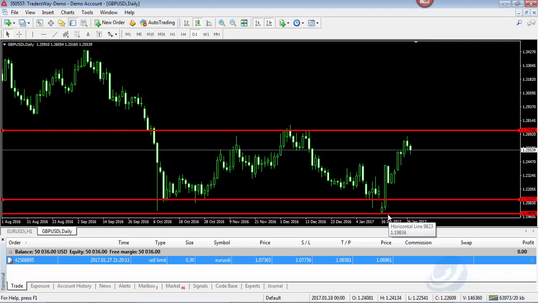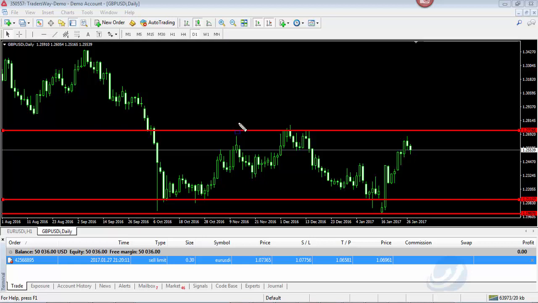Another thing to keep in mind is that support and resistance are zone areas and they are not a specific price point. Therefore, we're not expecting price to hit this level of resistance and then fall, or hit this level of support and then rally.